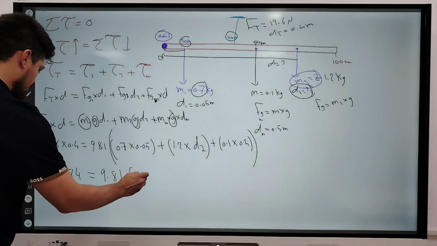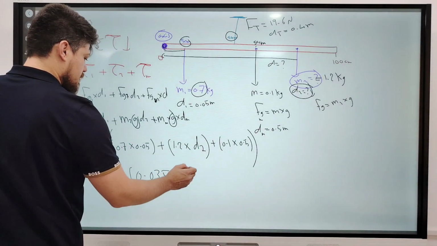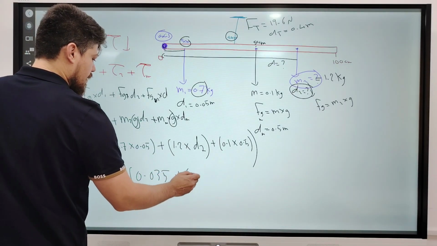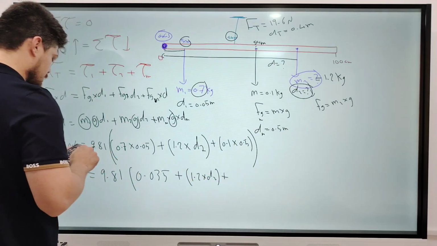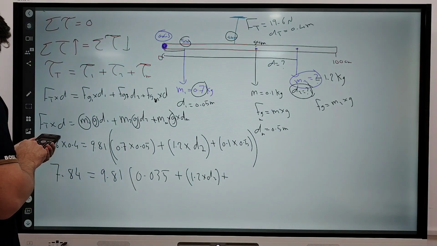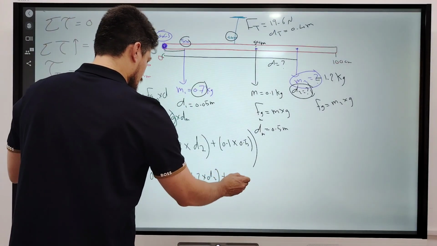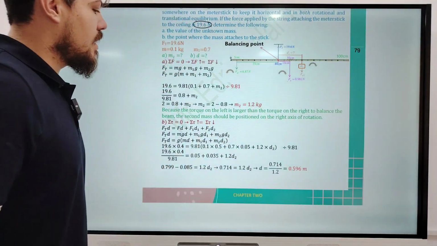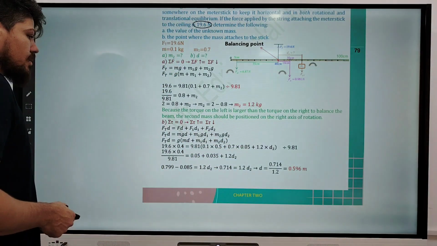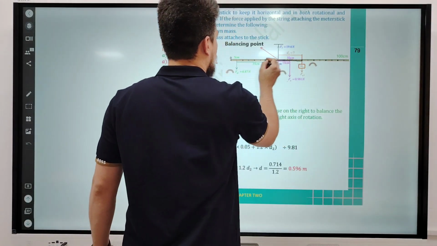This becomes 0.035 plus 1.2 times d2 plus 0.1 times 0.5. d2 is equal to 0.596 meter. So it means that the second mass is located at where?